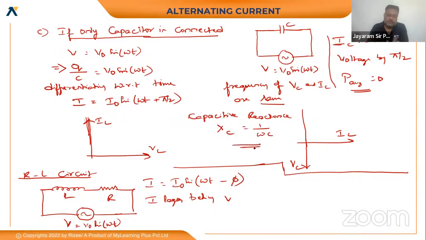The resistance offered by the inductor is called the inductive reactance. The resistance offered by the capacitor is called the capacitive reactance. If I call every resistance by the same name, it will be confusing. So the total resistance offered by the LR circuit, or the combination of the elements, is called the impedance.